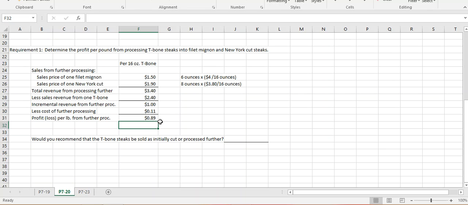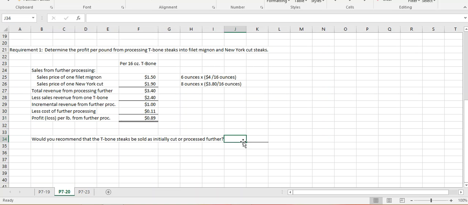We're going to come out 89 cents better if, instead of just selling the T-bone, we spend the extra 11 cents, cut those T-bones into the filet and the New York cut, and sell those, because they're generating more revenue than they are accumulating extra expenses. So we'll be 89 cents a pound better off.